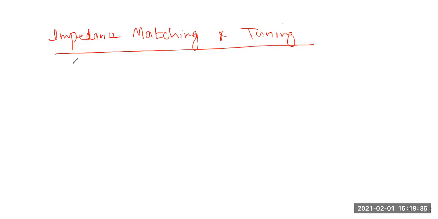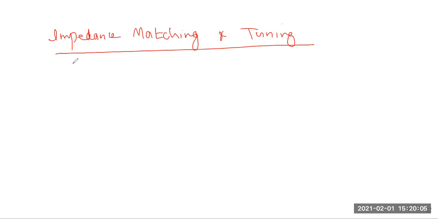Your goal is to ensure that whatever power is generated by the source, it should reach its destination, and that destination is of course the load. So it will not always be possible that you design a circuit and it is completely matched to the load.